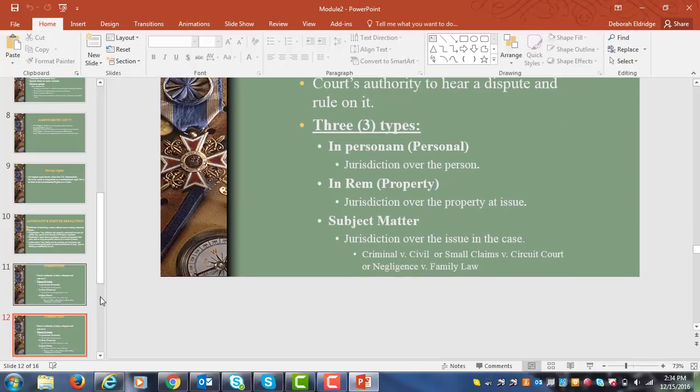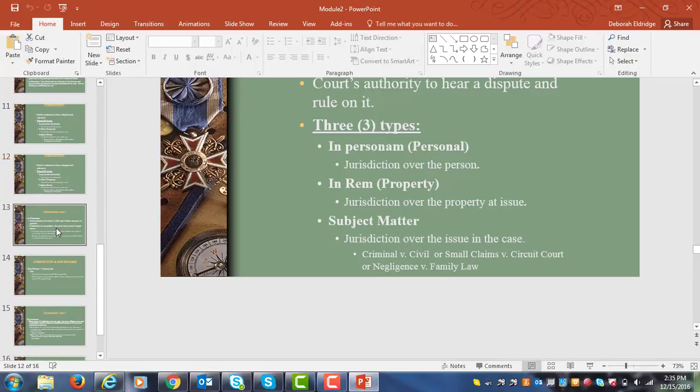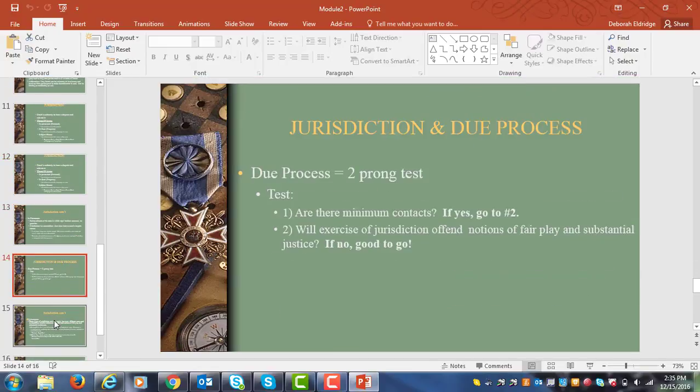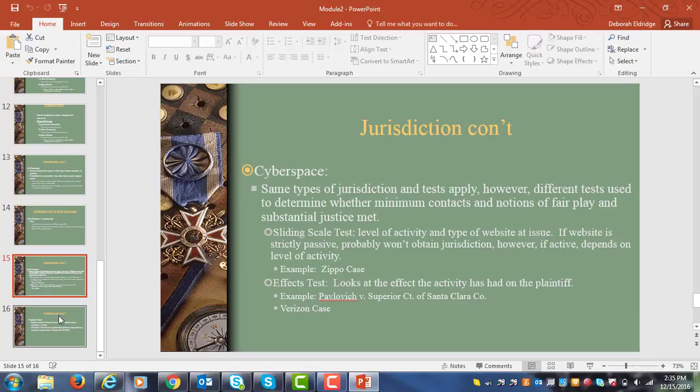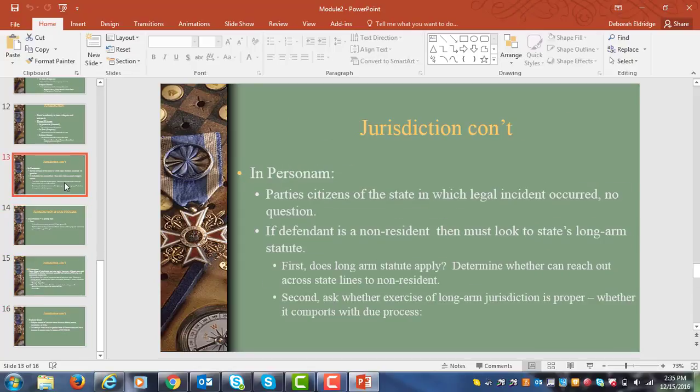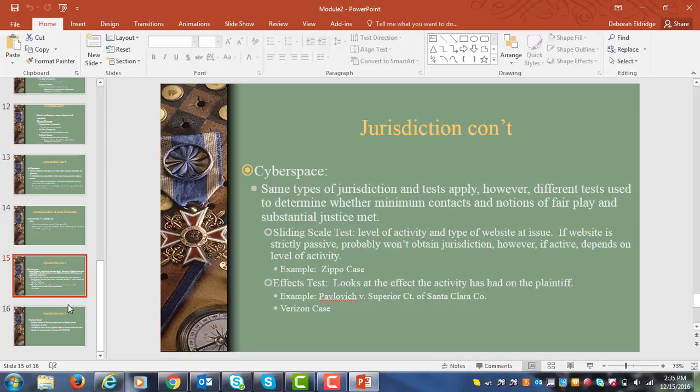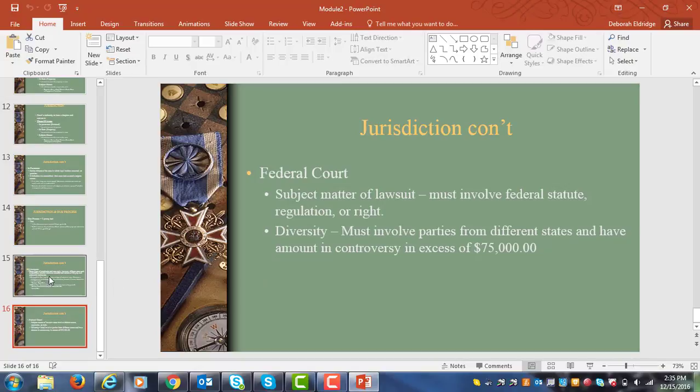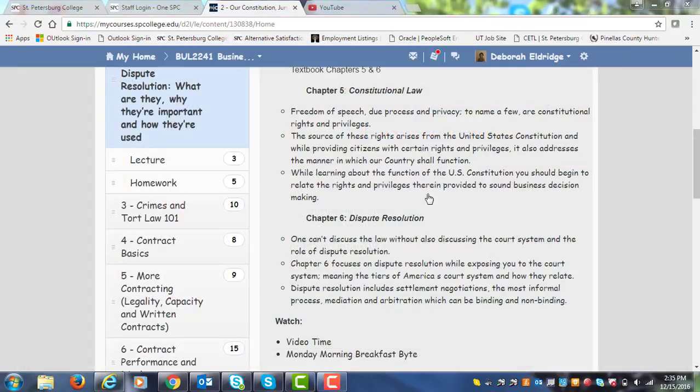So that's what we're talking about when we talk about different types of jurisdiction. So go through those slides, make sure you're aware of it and you understand it, because jurisdiction in cyberspace is very different than jurisdiction in a brick and mortar situation. So there are different ways of determining jurisdiction in cyberspace. So be aware of those things.